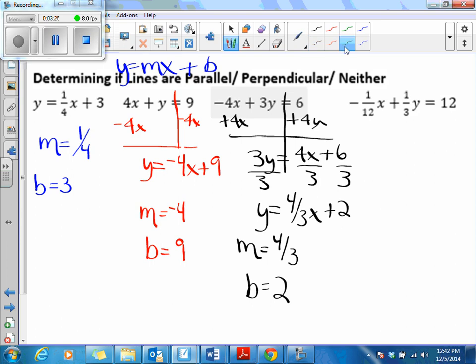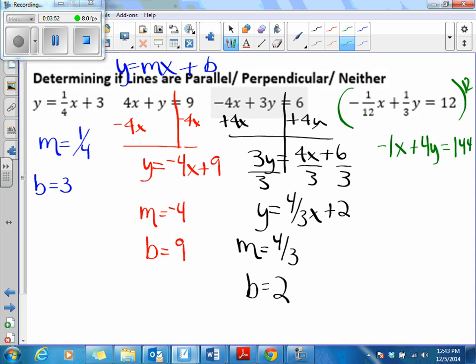Okay? The last equation is a little messy. Is there a number that I can multiply everything by to get rid of those fractions? Yeah, I could multiply everything by 12. Let's go ahead and do that. So that becomes -1x plus 4y equals 144.